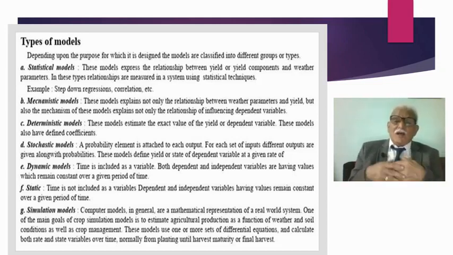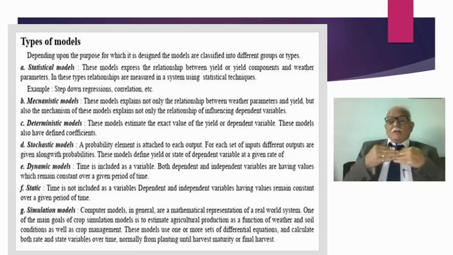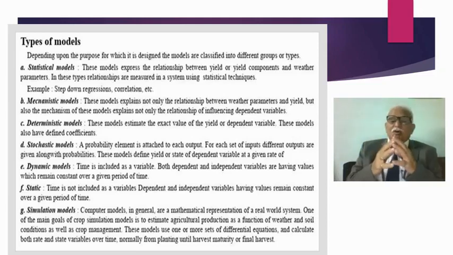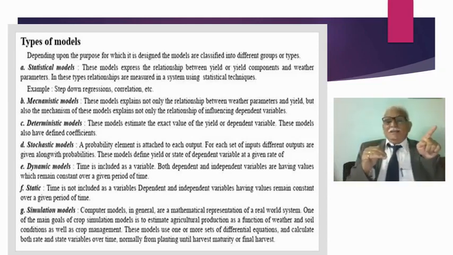Because we sow a crop. After sowing the seed, germination occurs, emergence, of course growth, and the crop goes on increasing. Now, when we are interested to relate the growth of the crop with weather elements, there are so many techniques.